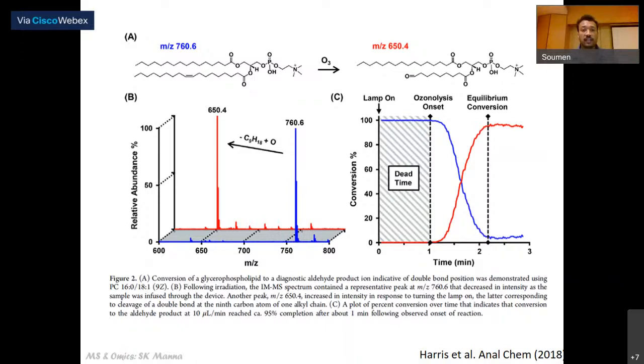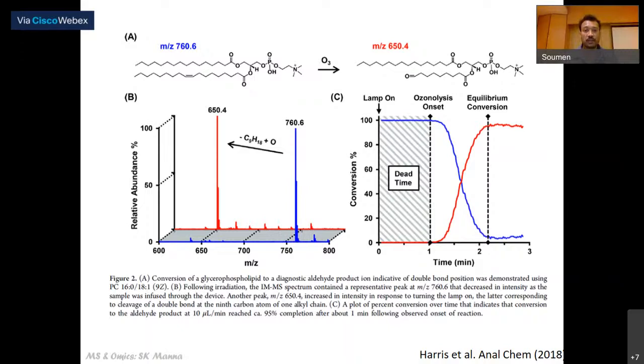As this lipid undergoes ozonolysis, the double bond is cleaved and a carbonyl compound forms, which leads to production of this 650.4 ion in positive mode from the 760 precursor.